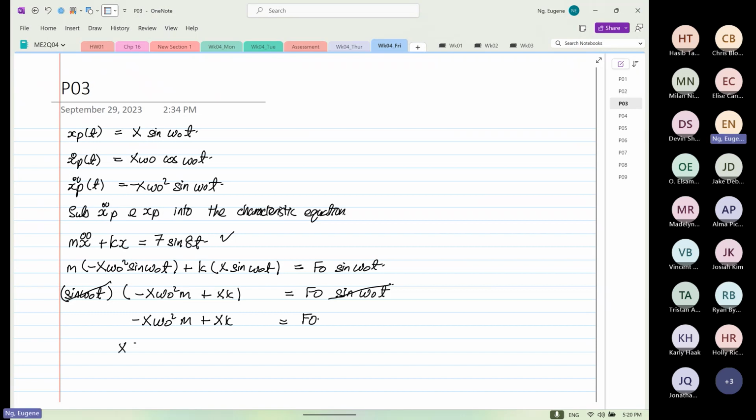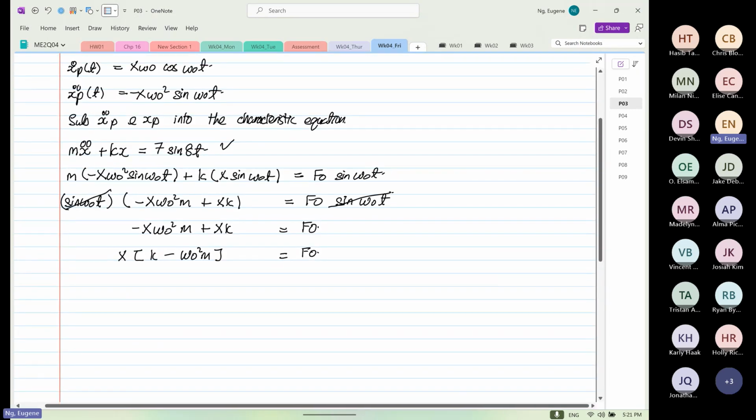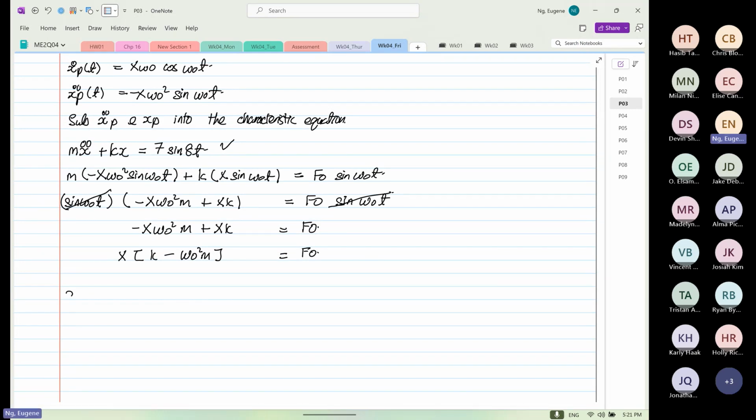We take out our x, so x is equal to k minus omega naught squared m, and this is equal to F naught. Now, at the end of the day, what are we trying to achieve? We are trying to achieve x as a function of time is equal to c1 cos omega t plus c2 sine omega t.